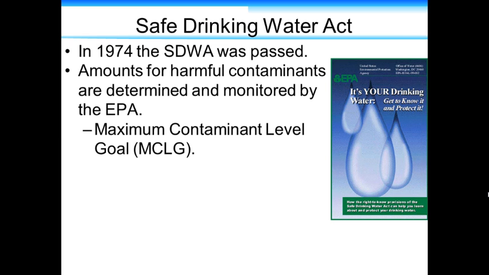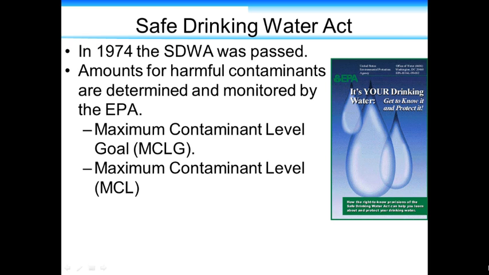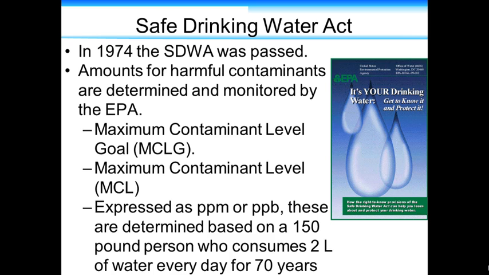Now there are two terms used for these levels. Maximum contaminant level goal, MCLG, which very frequently is 0. And there is another term called maximum contaminant level, which is a maximum based on risk assessment, where if it goes above that concentration, then action is necessary in order to remedy the pollutant level.